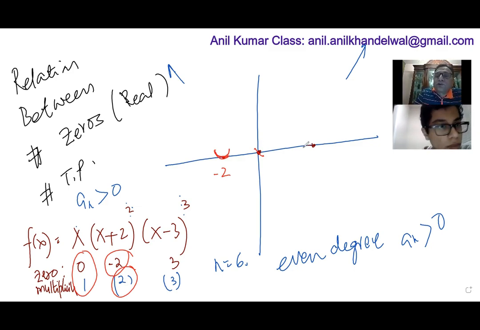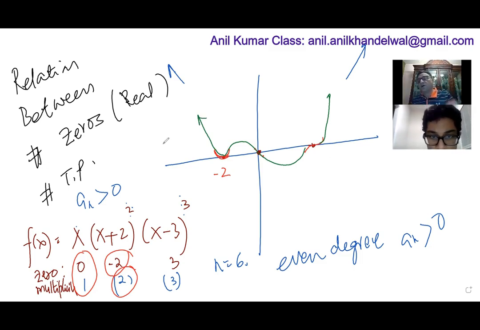The third zero is cubic. So I'll go like a saddle point. You get the idea? And my curve will be like joining these points. So let me just join them and show you. So that's the polynomial function of degree 6 with the given zeros, which I have drawn. Does it make sense to you?